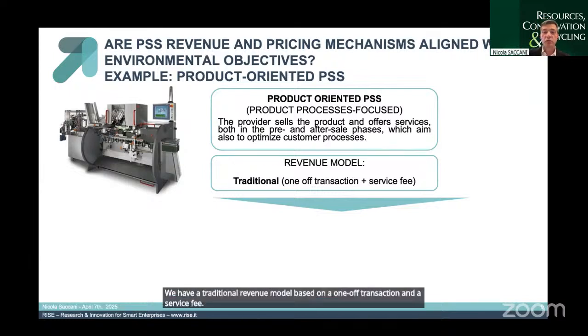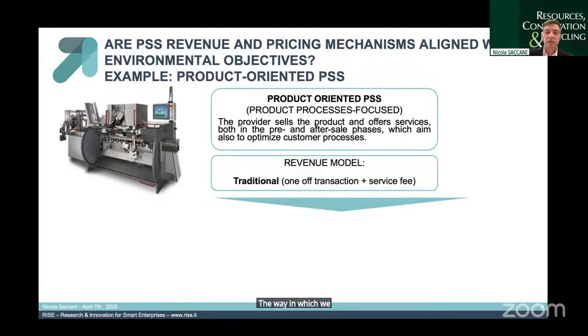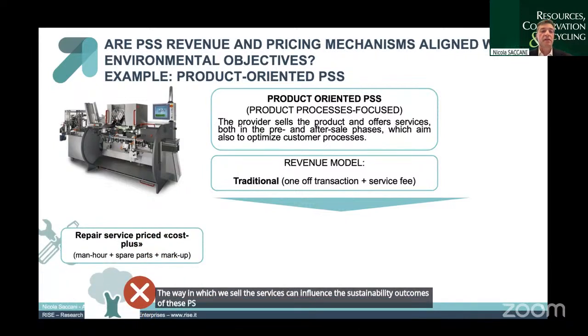The way in which we sell the services can influence the sustainability outcomes of this PSS. For instance, a repair service has some sustainability potential because it can extend the life cycle of the product, or, for instance, optimize its performances.